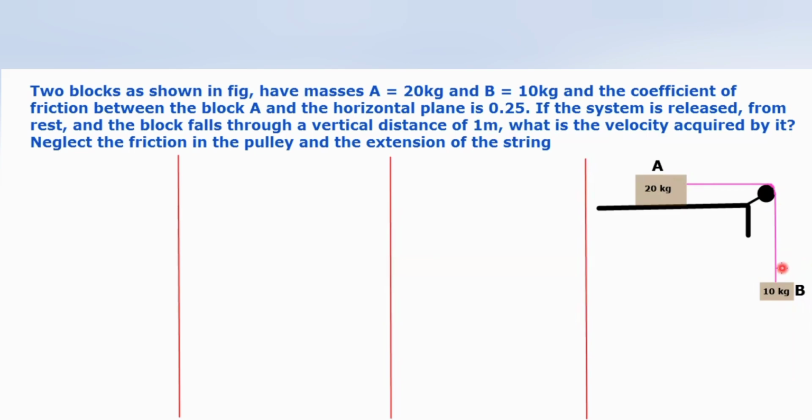If I cut here, then this object will fall under the influence of gravity, that means with the downward acceleration due to gravity, g, 9.81 meter per second square.